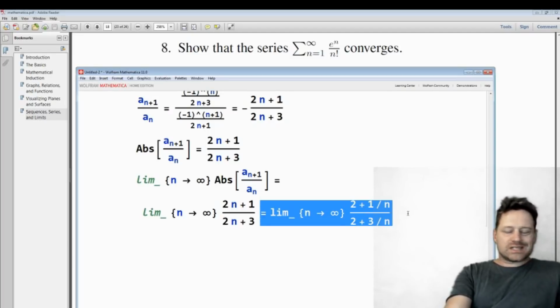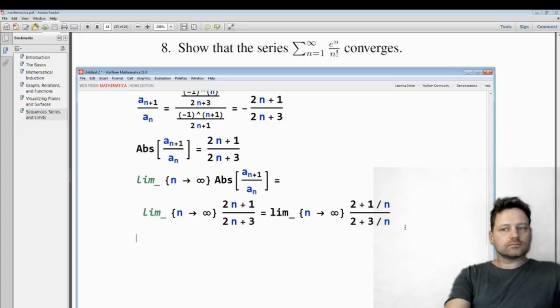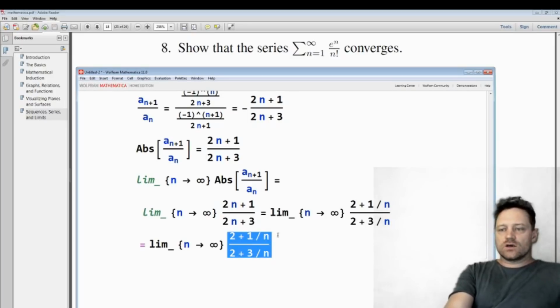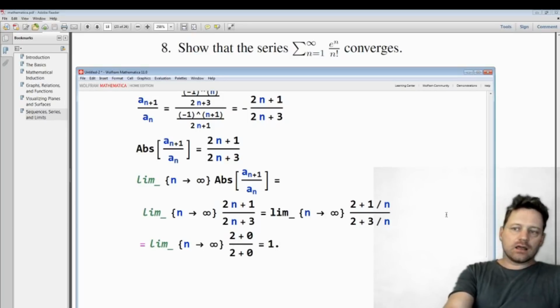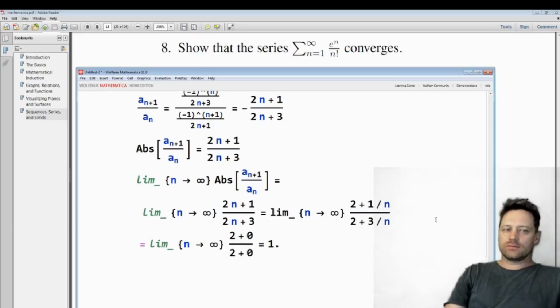And now we take the limit, and this goes to 0, and this goes to 0. So we have the limit as n goes to infinity of 2 over 2, which is equal to 1. Now what does that say in terms of the ratio test?